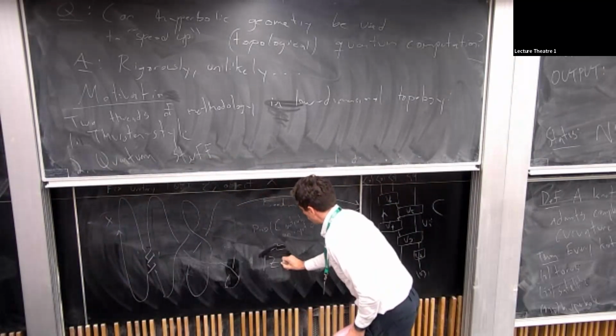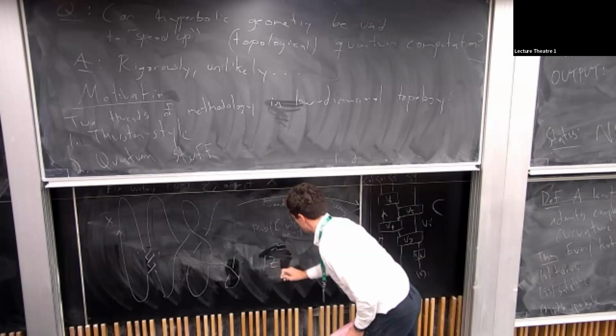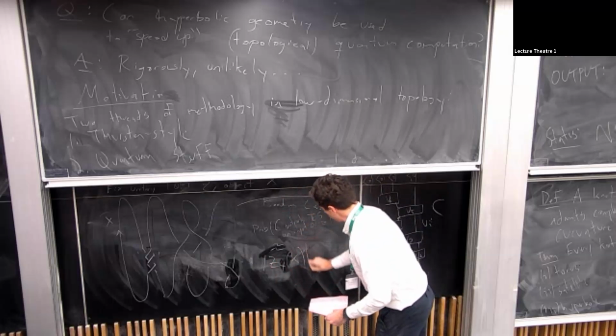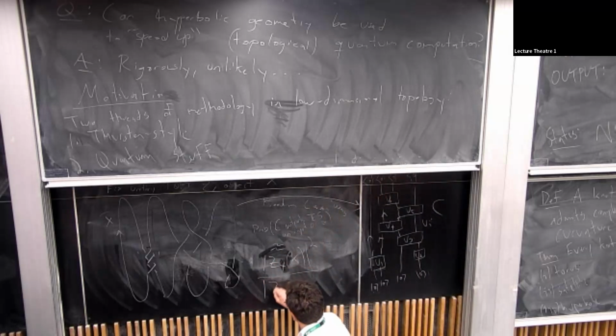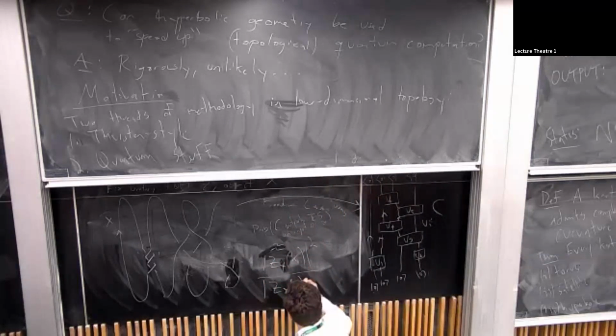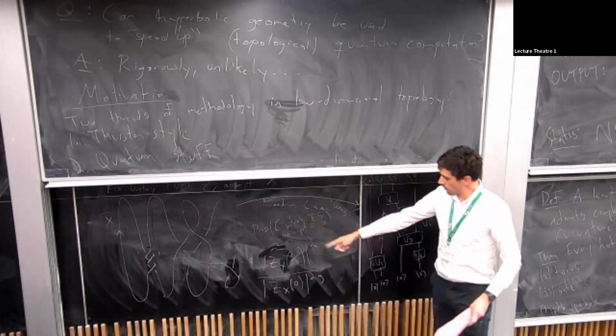Z is my TQFT, X is the object, so Z sub X gives me an invariant of knot diagrams. You square this invariant and divide by something else, and then this number becomes that probability.